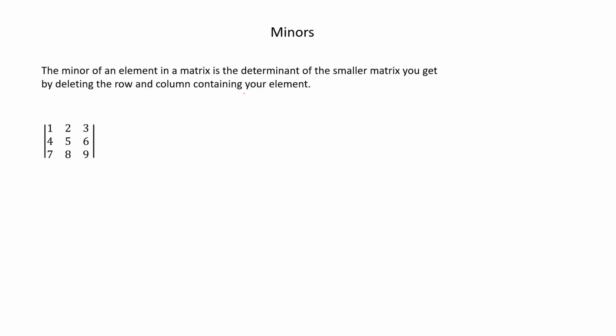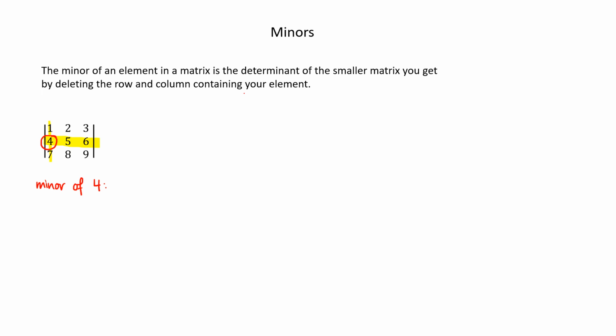Okay, a quick review of some vocabulary. So the minor of an element in a matrix is the determinant of the smaller matrix you get when you delete the row and column containing your element. So for example, if we're looking at the element 4, a minor of 4 is going to be the determinant of the matrix we get when we delete, so I'm shading it, the row and column containing 4.